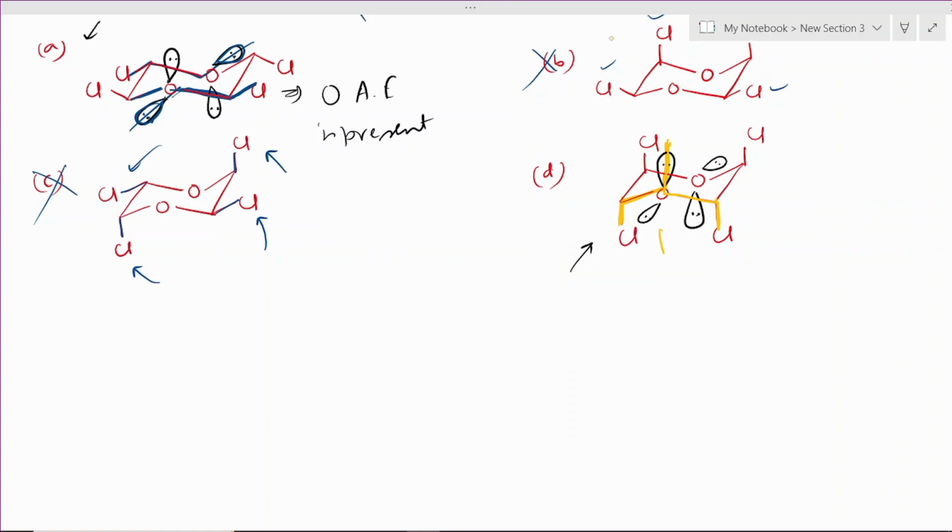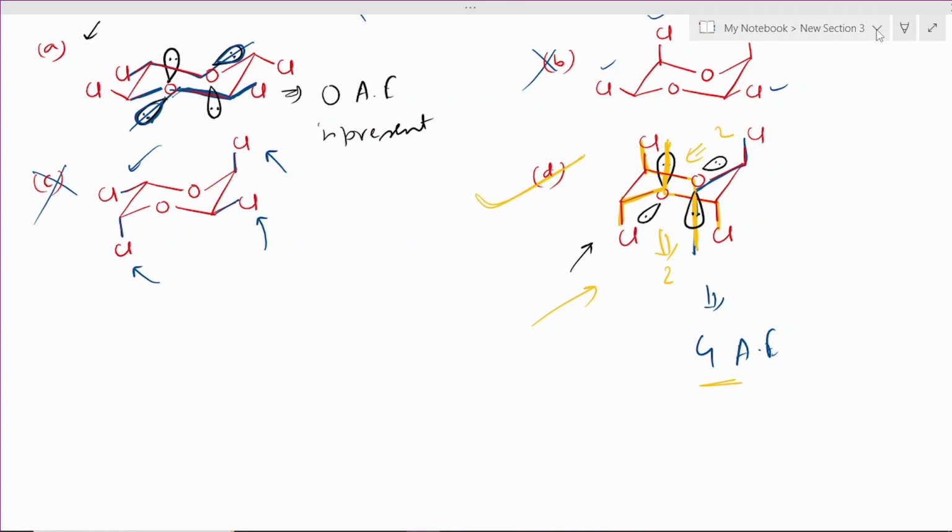So here we get 2, and also if we consider this lone pair, then this lone pair, this alpha bond and this beta bond are in perfect anti-periplanar position, and similarly this lone pair and this alpha bond and this beta bond are in perfect anti-periplanar position. So here we get a total of 4 anomeric effects from this two and from this two. Hence, the number of anomeric effects is maximum for this conformation. So this is the correct conformation.